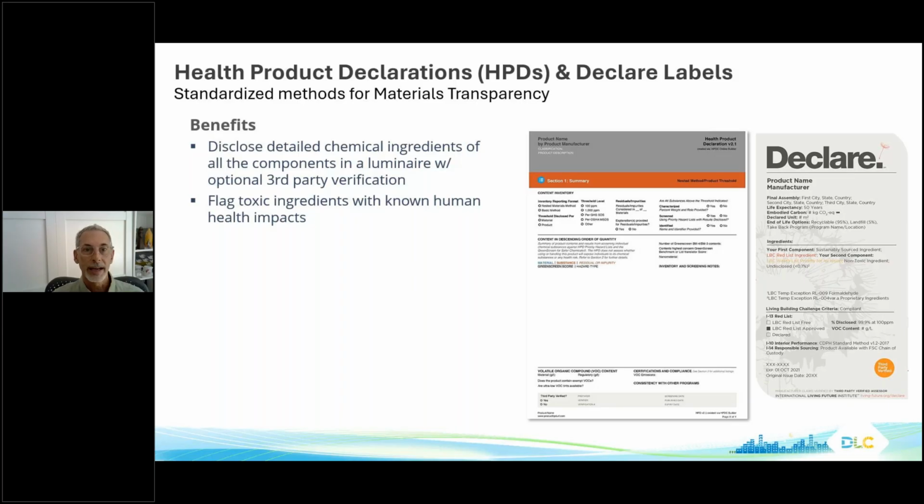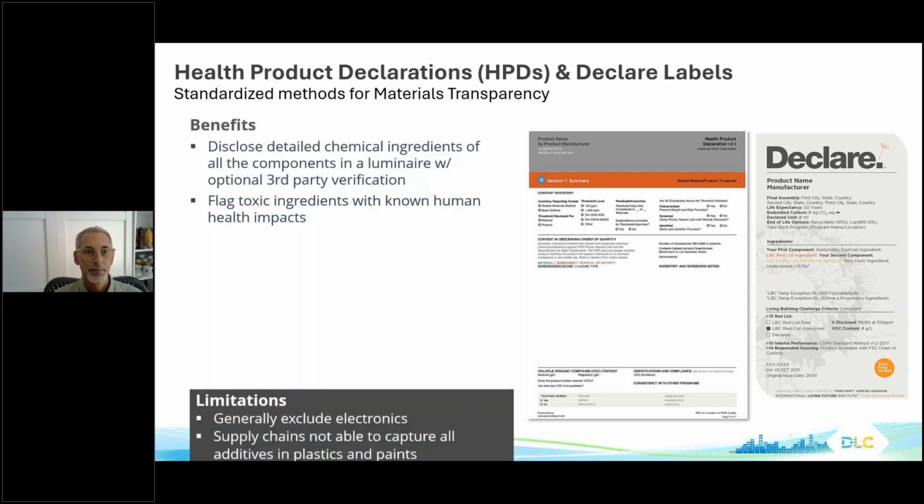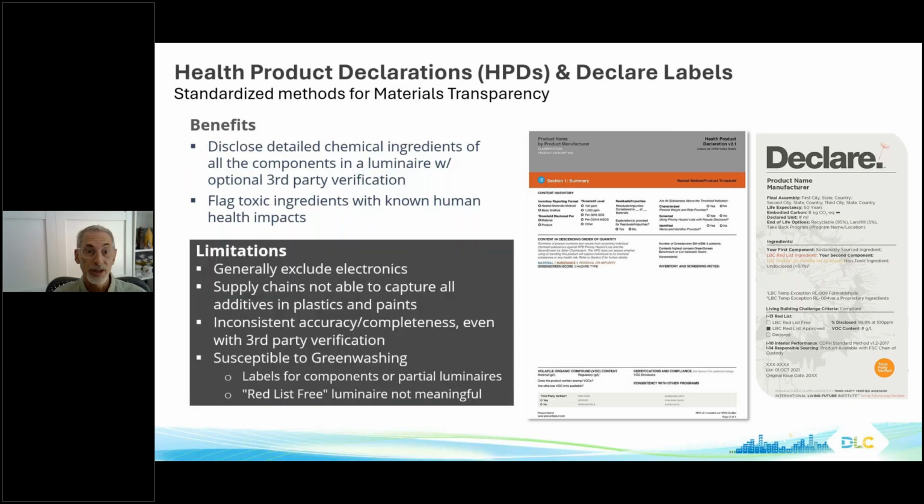From a benefit side, both of these disclose detailed chemical ingredients of all components within a luminaire, and there's optional third-party verification available for both. And they both flag toxic ingredients that have known human health impacts. Next, please. But it is important to understand some of the limitations of these.